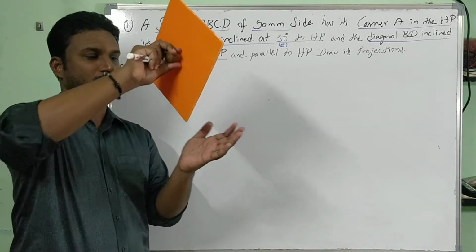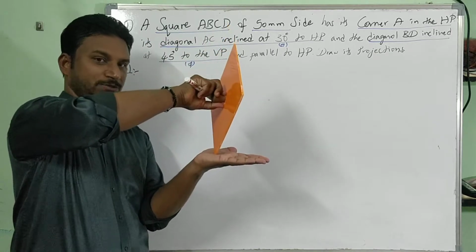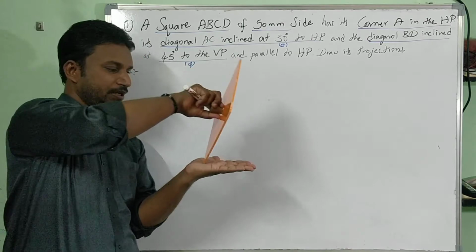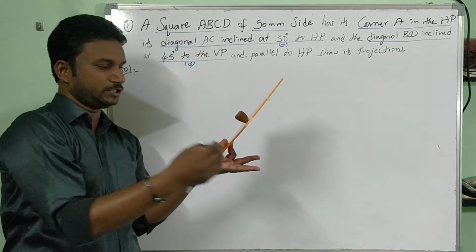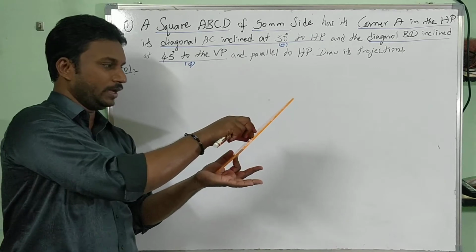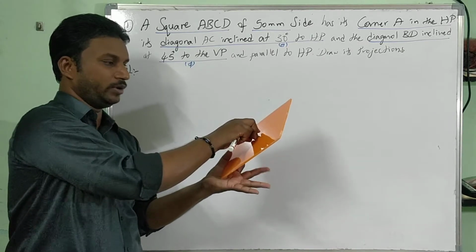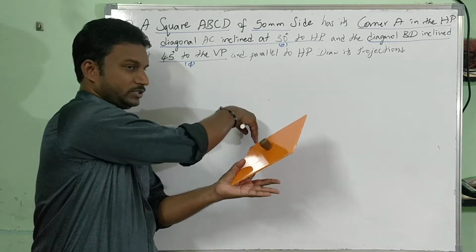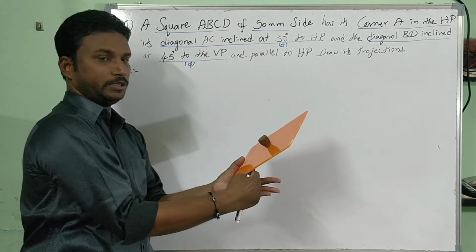This is the A corner. A corner on HP. This is the AC diagonal. This is 30 degrees inclined to HP here. After that BD inclined at 45 degrees. I am rotating towards the backside.